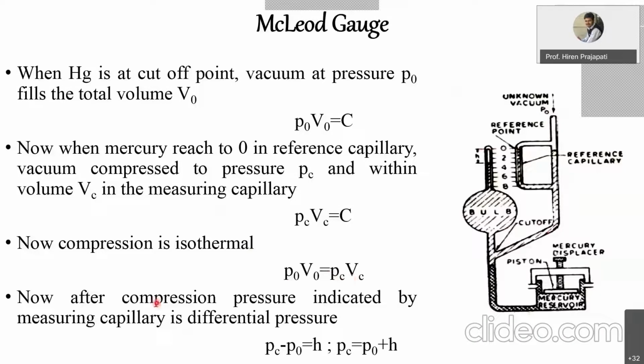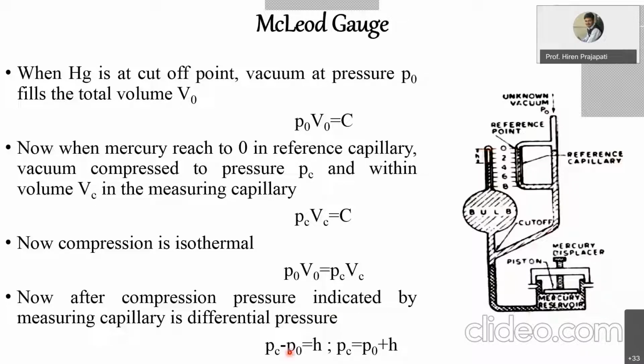Now after compression, the pressure indicated by the measuring capillary is a differential pressure. If you look here, this H is in mm of Hg. So that indicates the difference between the vacuum pressure after compression and the initial vacuum pressure. So Pc minus P0 is actually this H, which is indicated in the measuring capillary.